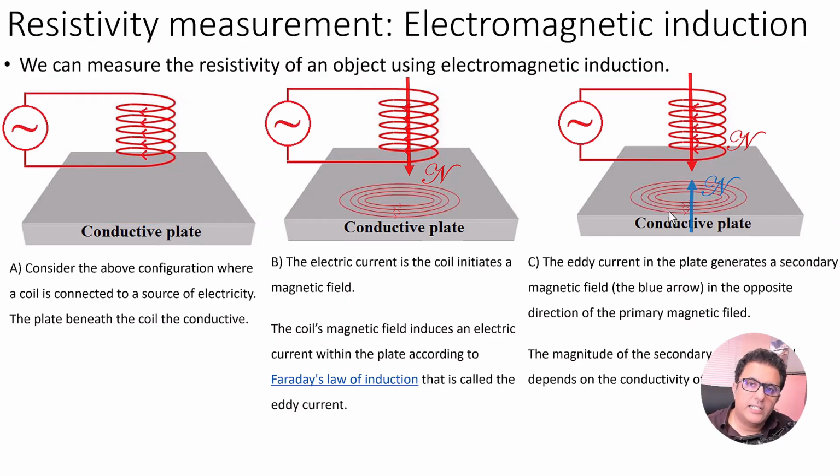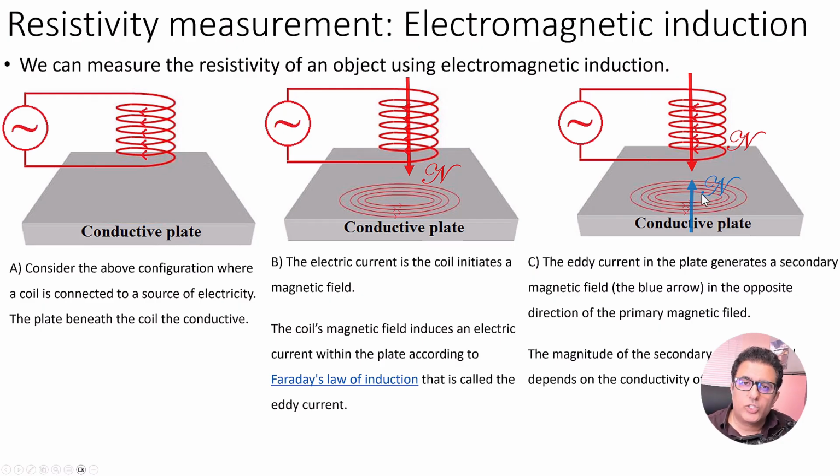So assume that the plate is not conductive. If the plate is not conductive, it means that we're not going to have any eddy current in the plate, and we're not going to have any secondary magnetic field. But if we assume that the plate is conductive, then we're going to have a secondary magnetic field.